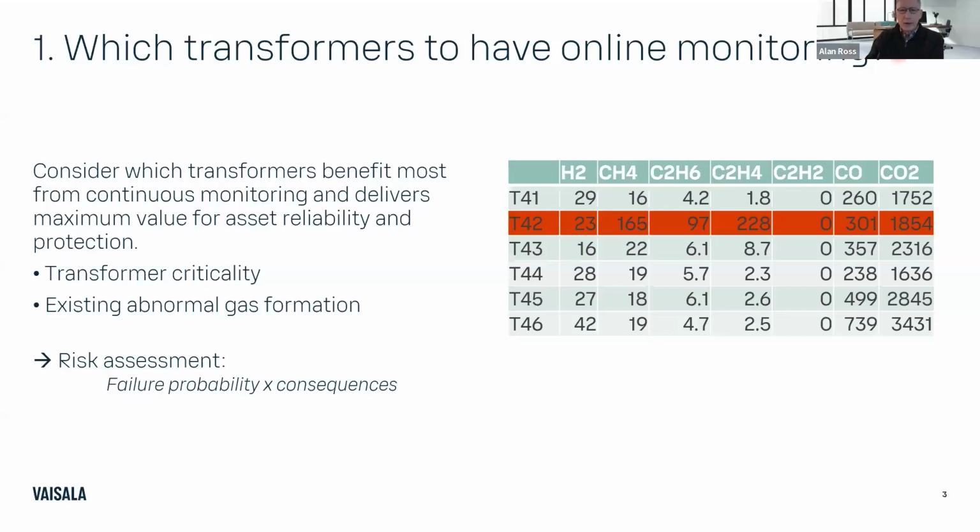And then on the critical ones like you're showing here, you can just see the gases from, I assume, an annual sampling, maybe even a quarterly sampling of the gases. Is that right, and for that one, you would put a multi-gas? Talk a little bit about not just when to monitor, which transformer, but what monitoring system you put on it.